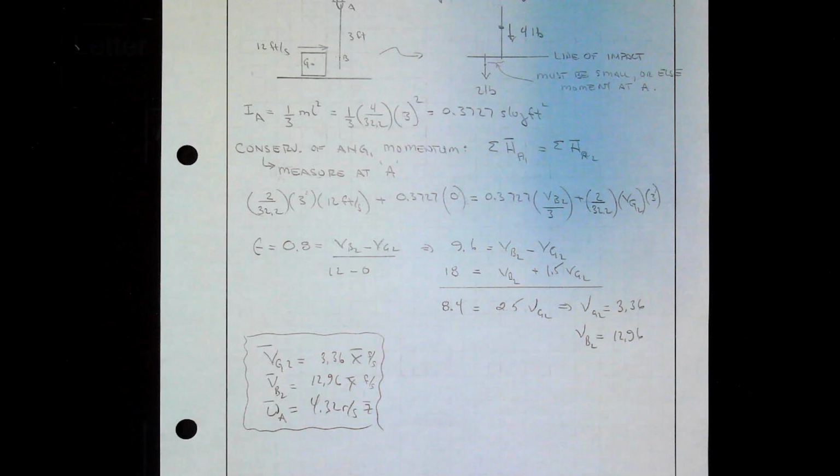Multiplying this up gives this equation. So we have 2 equations and 2 unknowns, and from this equation you can see why it was important to get rid of omega. That's why I did that. So we can solve for VG2 and VB2, and all of our answers are right here: VG2, VB2, omega A. Catch you later.